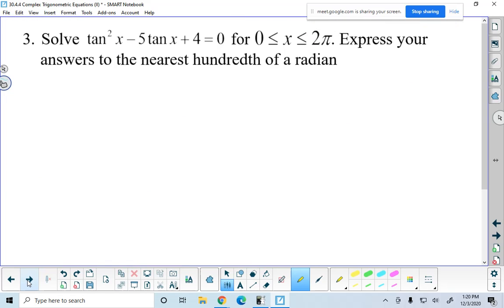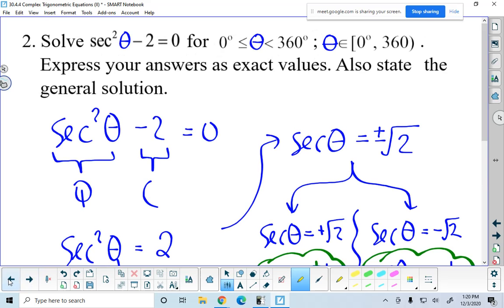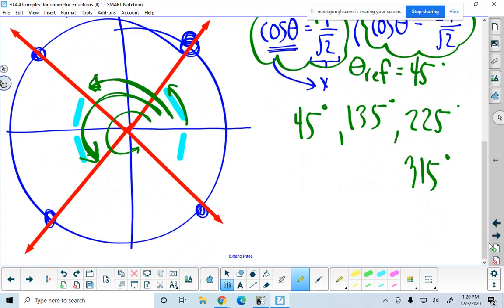Now, what's the general solution? Where we asked for a general solution. Oh yeah, also state the general solution. This is a perfect example of us not wanting to say 45 plus multiples of 360, 135 plus multiples of 360, etc. All of these positions are 90 degrees away from each other. If you look at your good copy of the unit circle, these two sets of lines are perpendicular to each other.